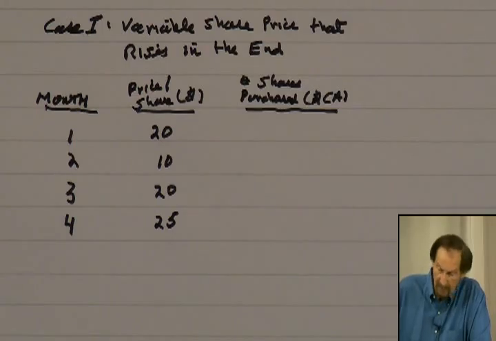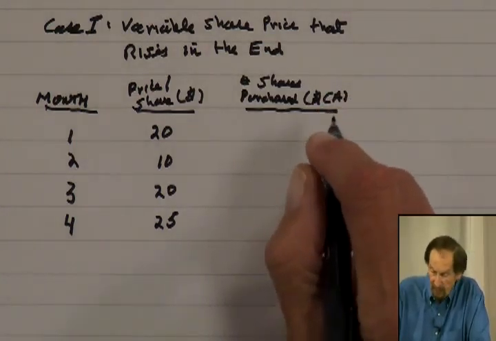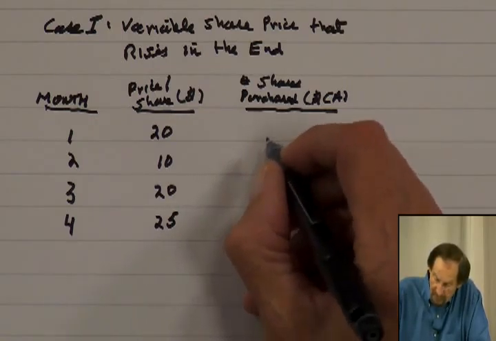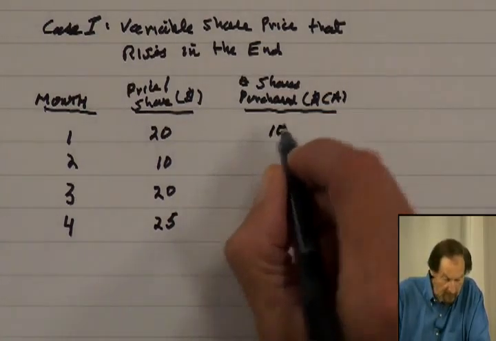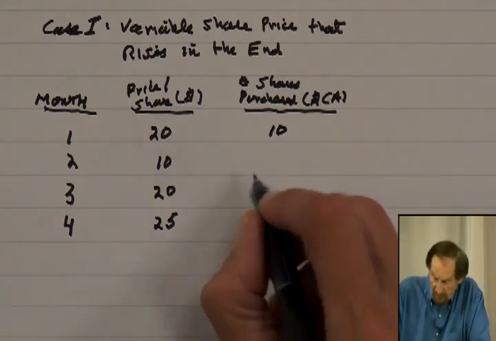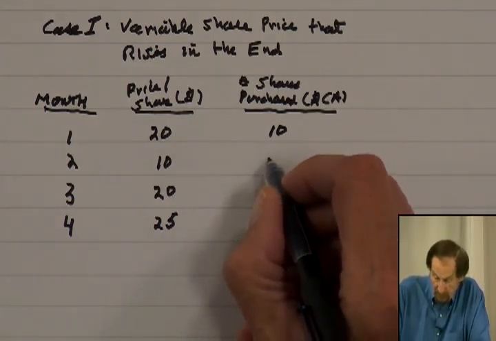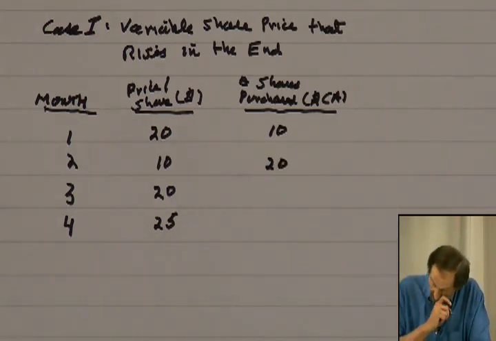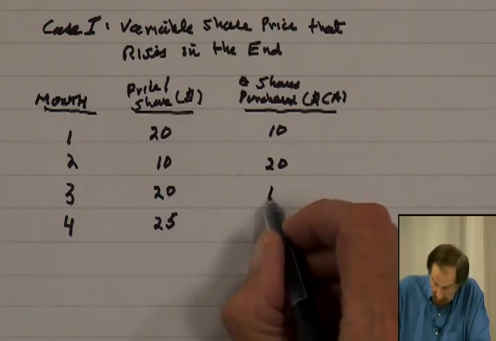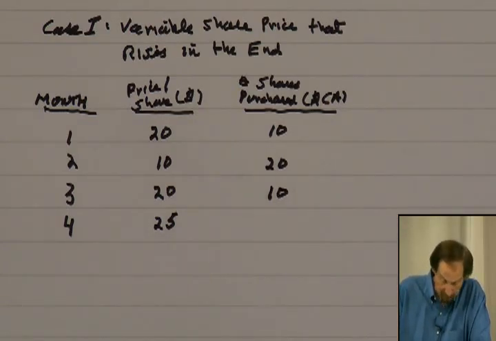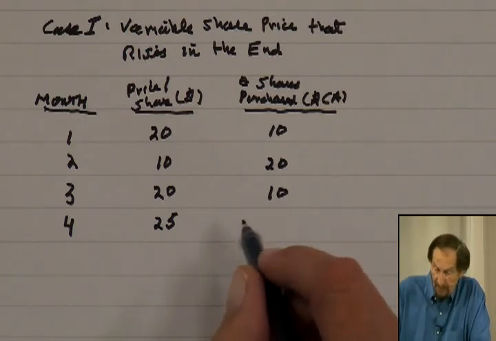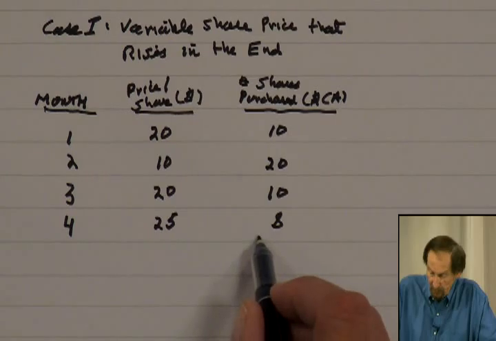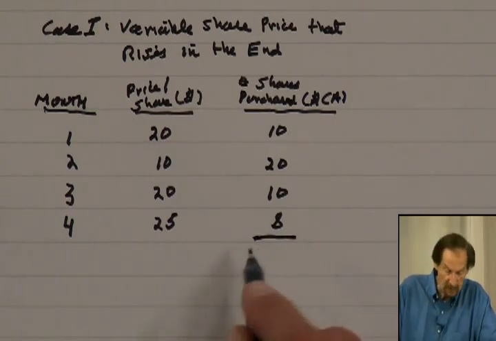Now, we said our budget was $200. So if the share price is 20, we can buy 10 shares. If the second month the share price is 10, for $200, we can buy 20 shares. If the share price in 3 is 20, again, we can only buy 10 shares. And if the share price is 25, in the fourth month, we can only buy 8 shares.